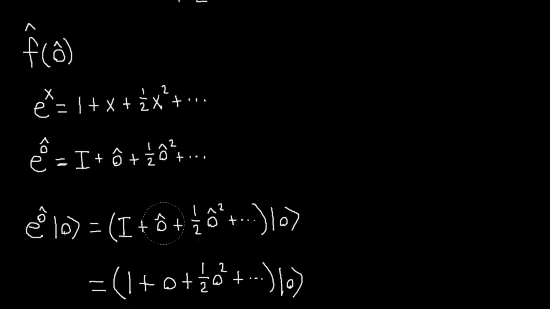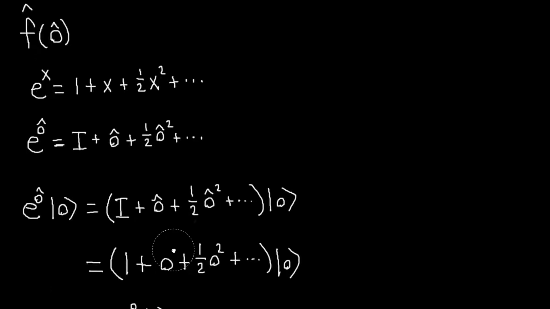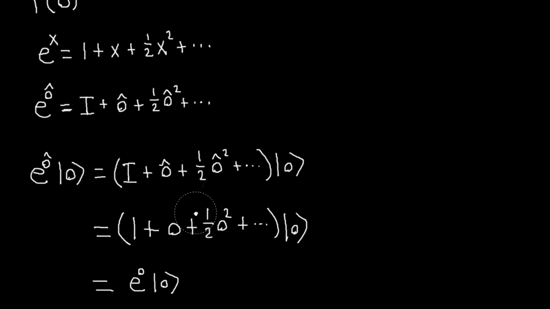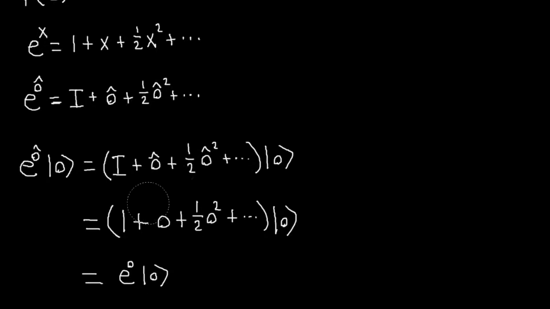But we know how O acts on its eigenstates. It's the same as just multiplying by the eigenvalue, O. Maybe I should have used a different letter, but we're sticking with it. So this is just 1 plus O plus 1/2 O squared plus and so on, an infinite number of terms. And we can just read that off. Well, this is just the Taylor expansion of e to the O.